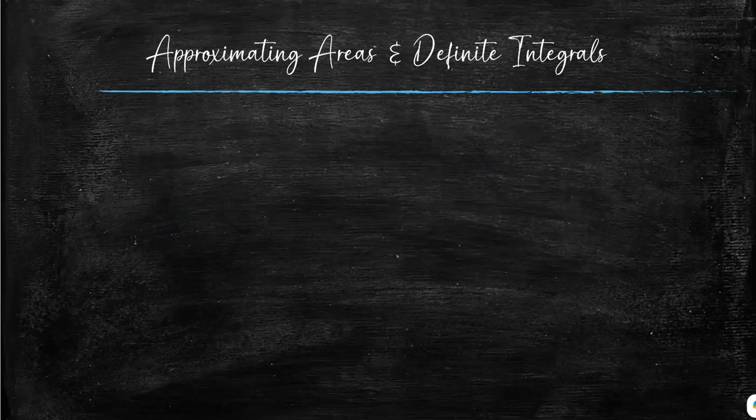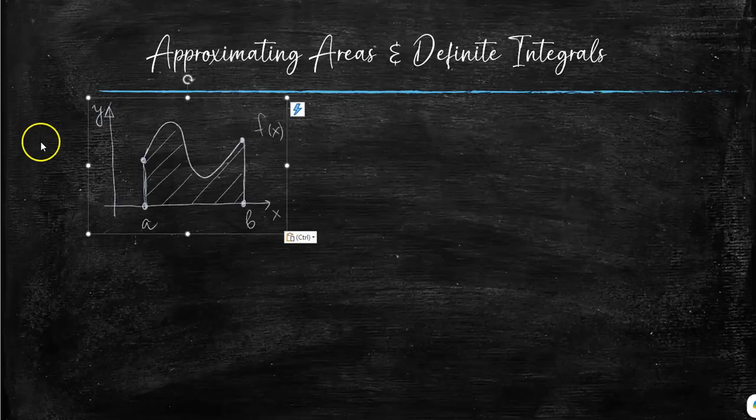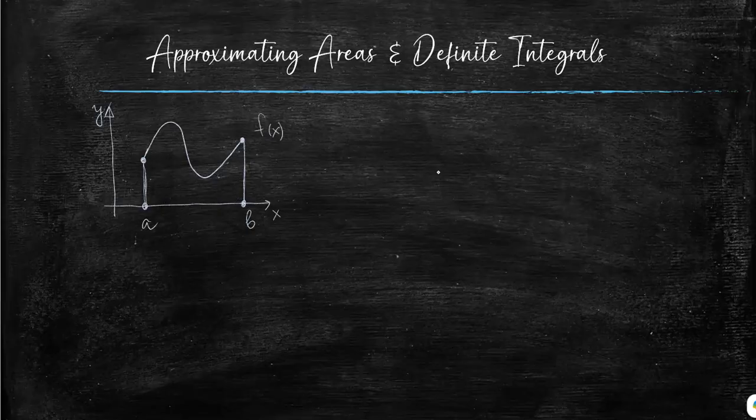So let's take the same problem, and this time we're going to create some arbitrary n rectangles. That means we're going to have to create a partition x0, x1, all the way to xn. That's going to be the partition.